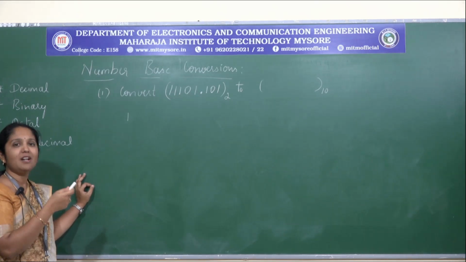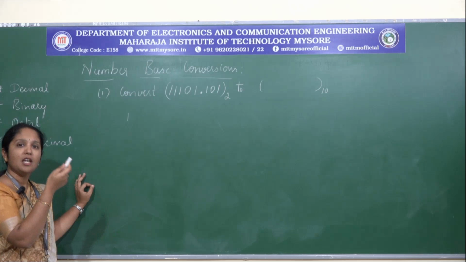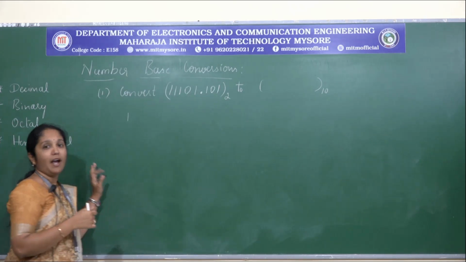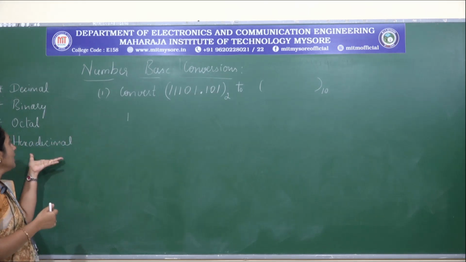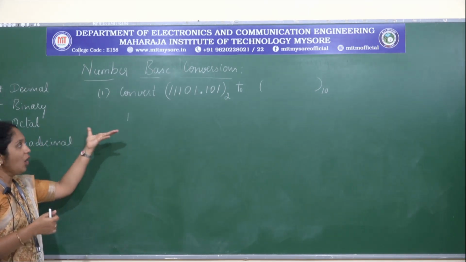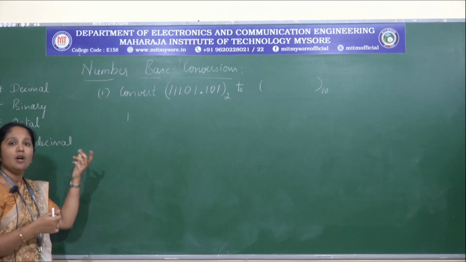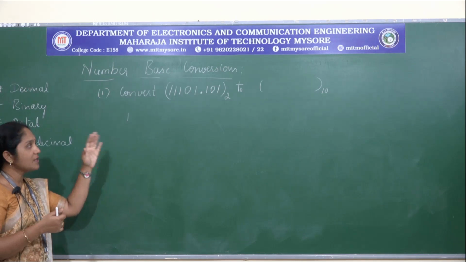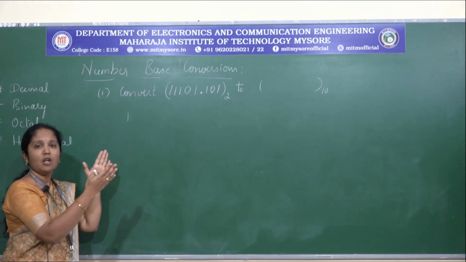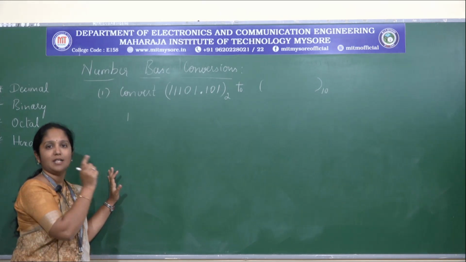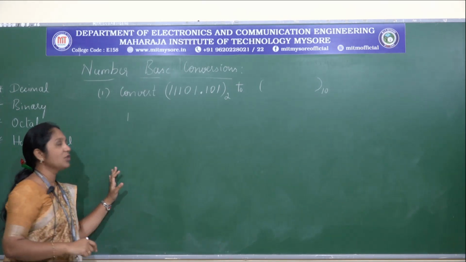If you find the equivalent, then you will get the equivalent of this binary number in decimal, and similarly it is true for octal and hexadecimal also. If you consider any octal number, you need to express it in expanded form, and after expansion, if you find the equivalent value, that is the decimal equivalent of that given number. Now let us see for the binary.